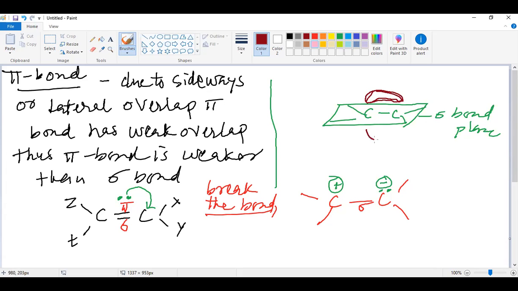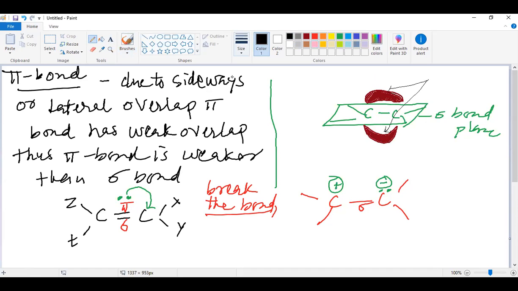So we can have the electron cloud of our pi bond available above and under the plane. This is the electron cloud of the pi bond.